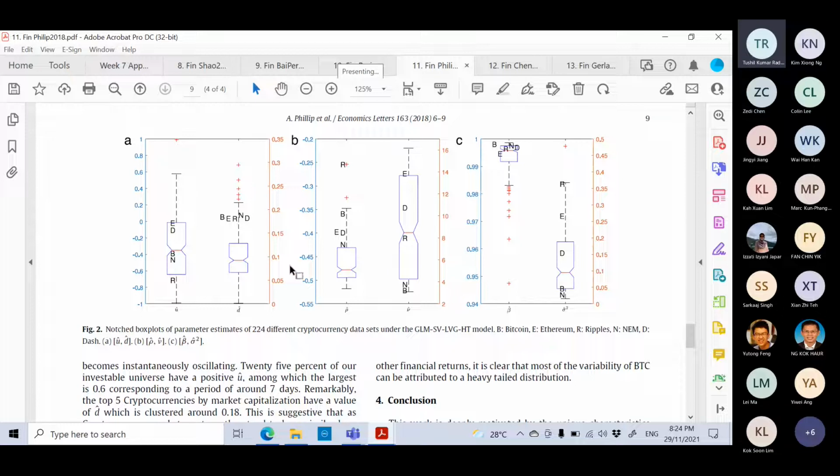Because they want to put two graphs together, you can observe that the scale here and the scale here are different. So you need to gather the information and then present your results. Of course, if you have plenty of space, then you can present a lot.